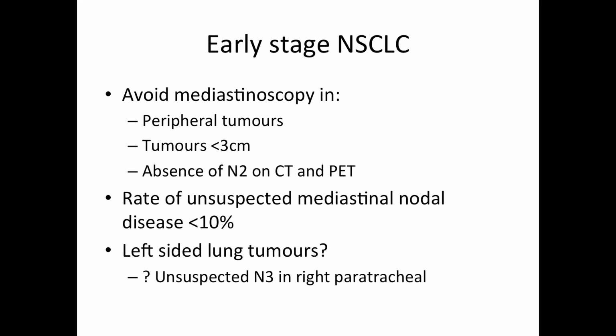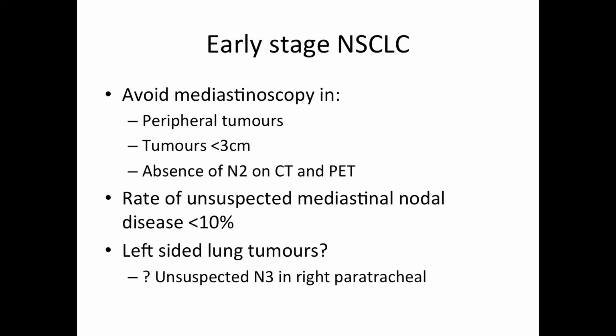So the other option we talked about earlier on was early stage lung cancer. And we've pointed out that very often we don't need to do a mediastinoscopy if we've got a peripheral tumor, if we've got a very small tumor, if we clearly believe that there's no N2 disease on CT or PET. The strong advocates of more aggressive policy on mediastinoscopy would say that there's often a rate of unsuspected mediastinal nodal disease of around 10%.